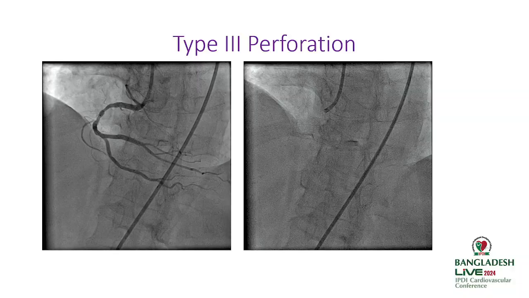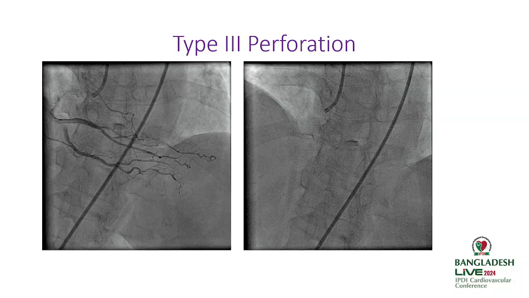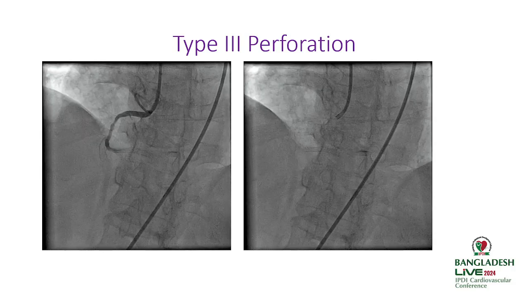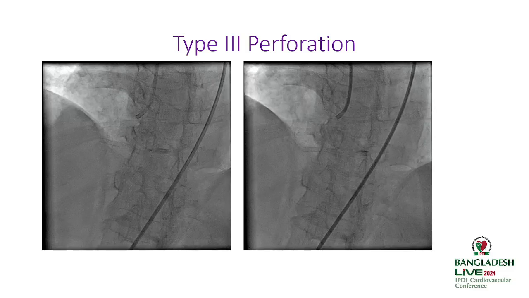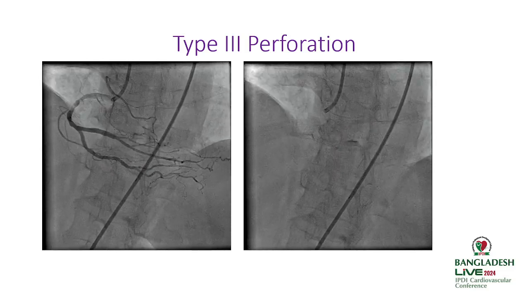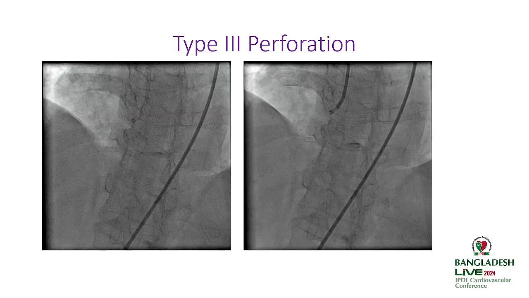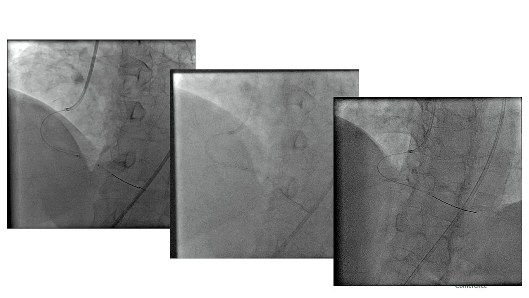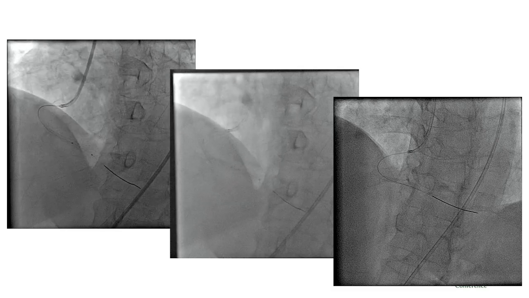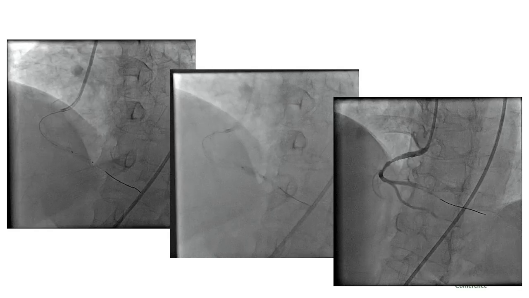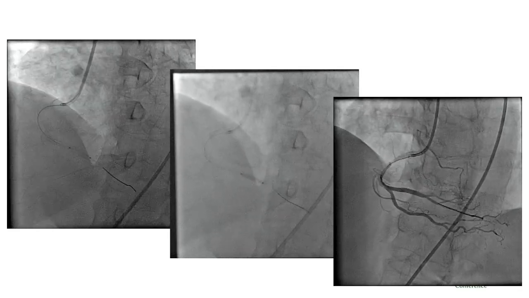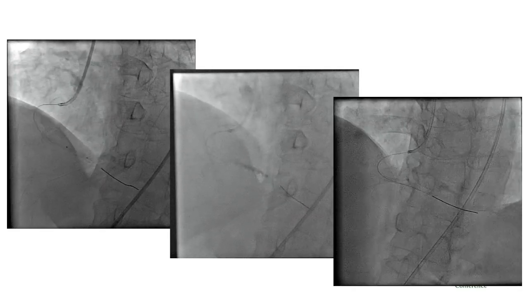We took further views, and you can see there is a jet outside the stent from the distal part, and the jet is continuous with the stent. So this is type 3 perforation. We again did prolonged balloon inflation at low pressure for about 6 minutes, and we are lucky that the patient was reasonably stable. There was no pericardial tamponade.